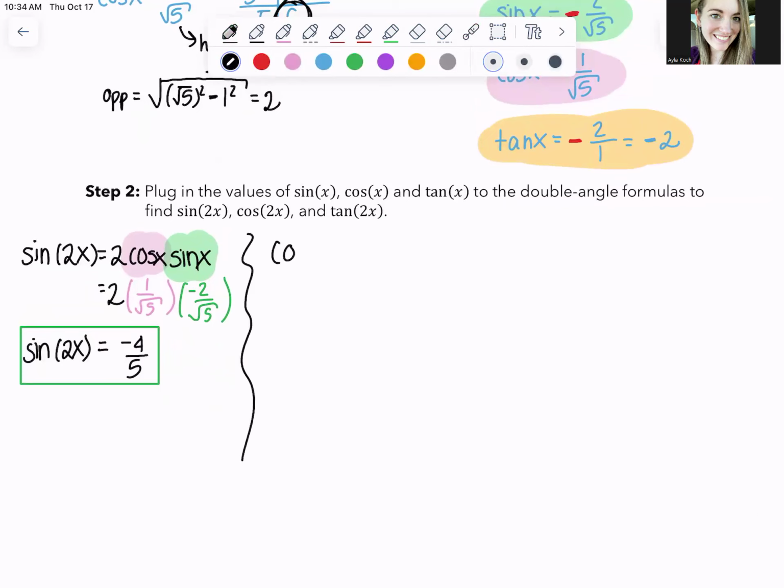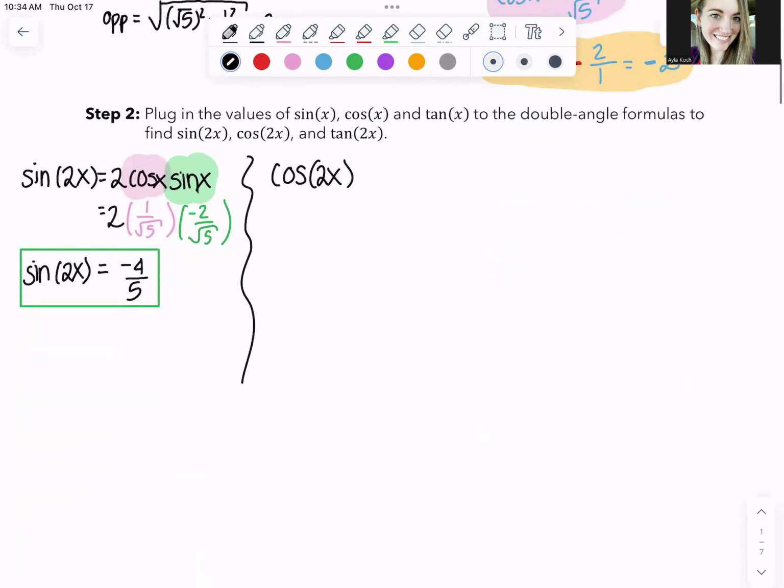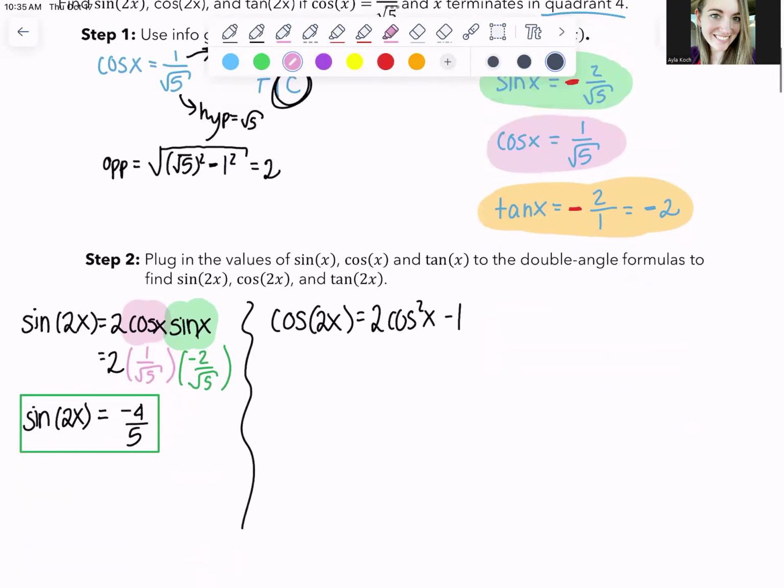For cosine of 2x, you have your choice on formulas. You can use whichever one you want. I'm going to choose to use the last one down here. No reason, it's just the one I chose. 2 cosine squared x minus 1. So we're using cosine.